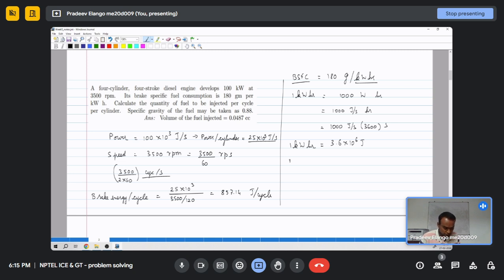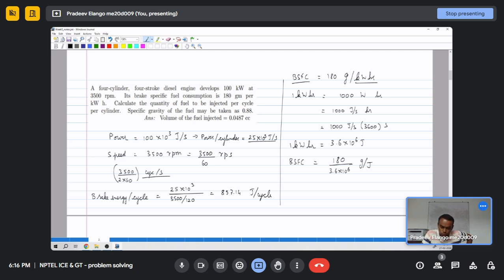So if you rewrite BSFC in a different unit, you will have 180 divided by 3.6 into 10 power 6 gram per joule. Now we need to calculate the quantity of fuel to be injected per cycle per cylinder.